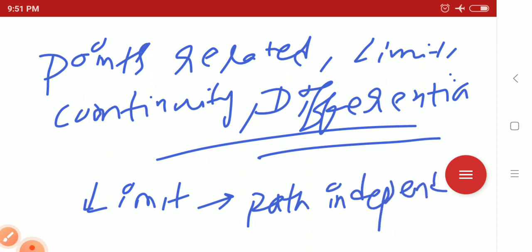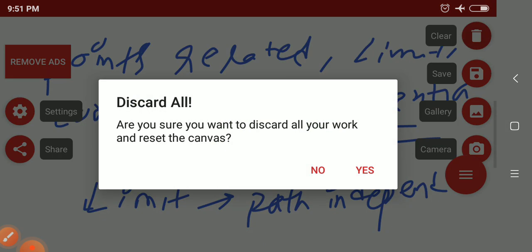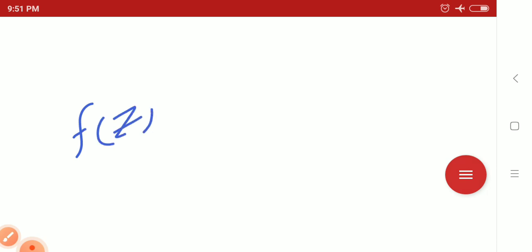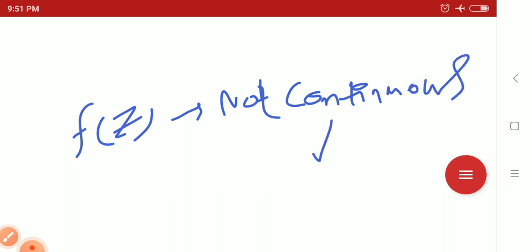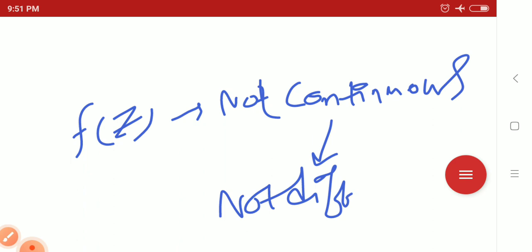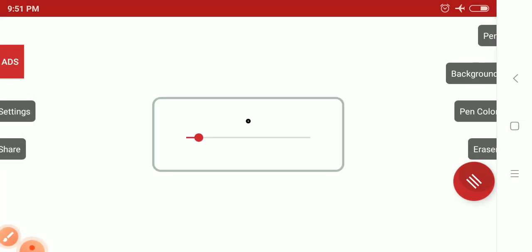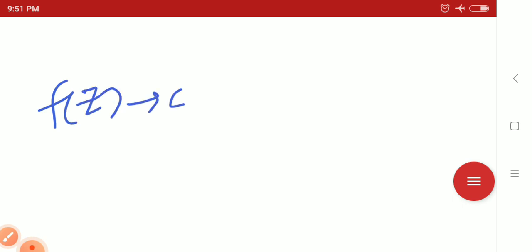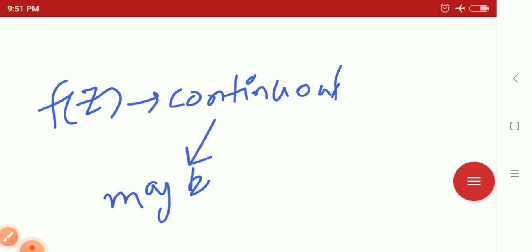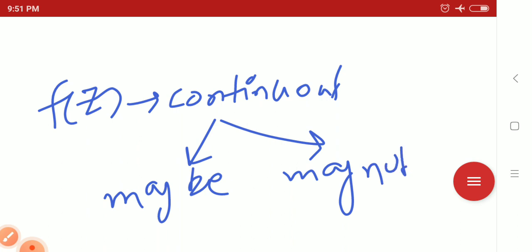If a function f of z is not continuous, then it will not be differentiable. But if a function is continuous, the converse we can't say properly; it may or may not be differentiable.